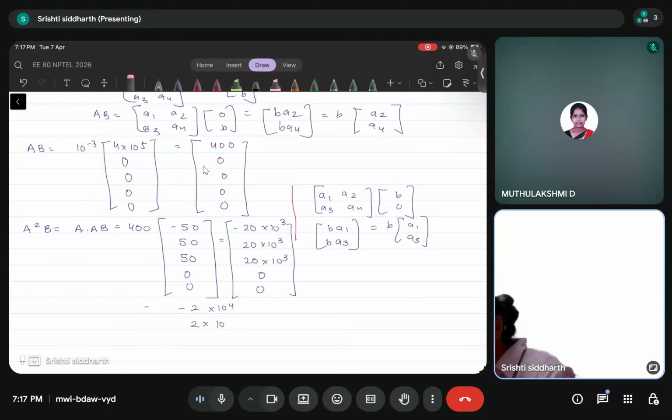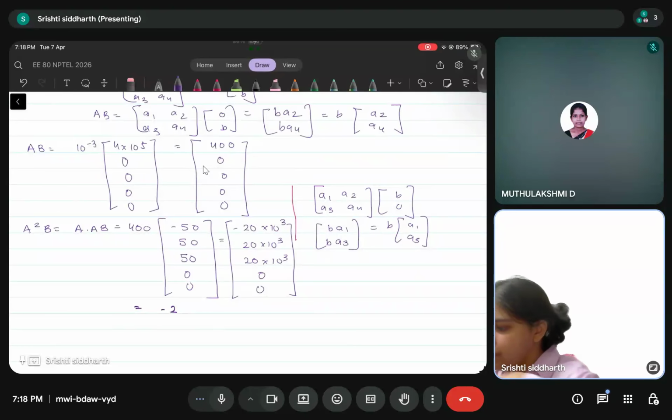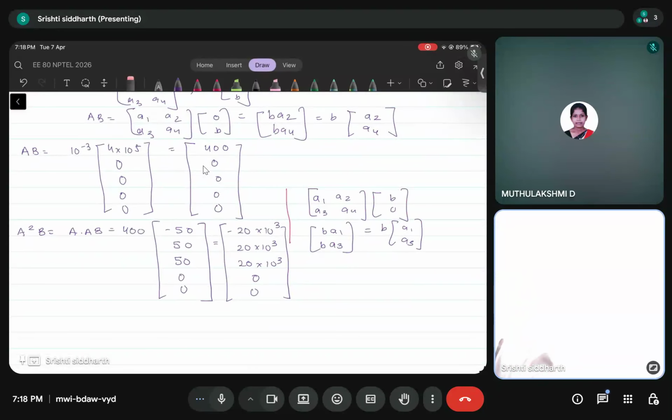I'll write this down as a row vector. It says minus 2 into 10 to the power 4, 2 into 10 to the power 4, 0, 0, transpose.